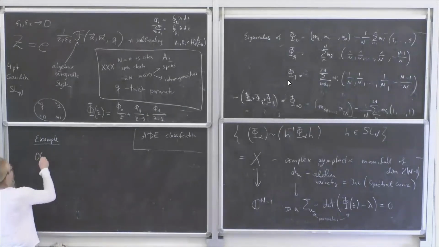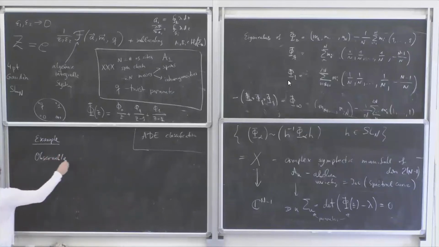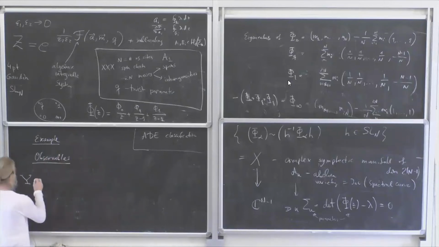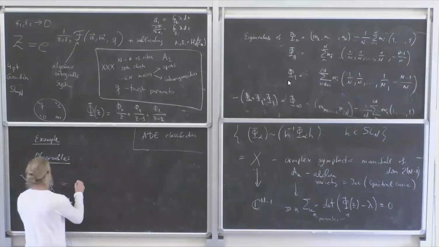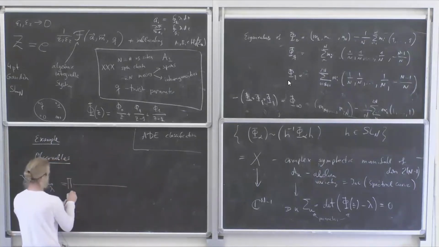So the first observable, which is kind of an auxiliary construct, is a function of a parameter x, and its value on the collection of partitions is a product over alpha.